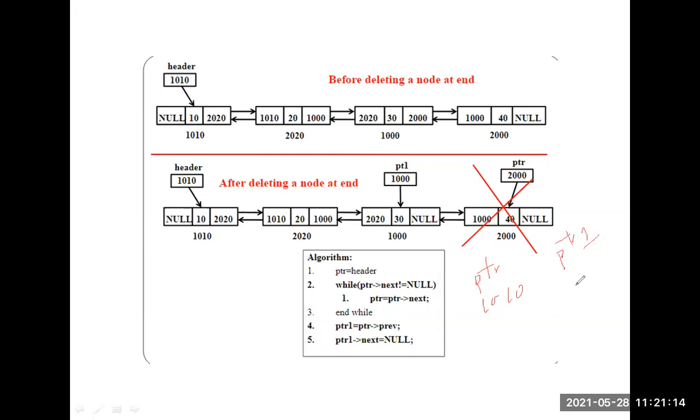Initially I am considering PTR one as null, then I initialize it to PTR. After that PTR one equals PTR. Initially 1010, PTR of next equals 2020. Now PTR one is 1010 and PTR equals 2020, and PTR of next equals 1000. PTR one equals 2020.